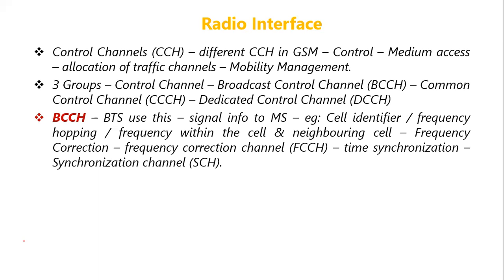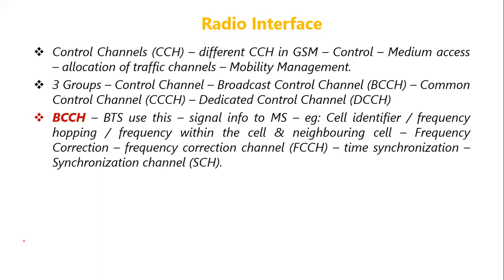Typically the information transmitted through this channel includes the cell identifier, that is, what is the identifier of the cell. Other options within this cell include frequency hopping, that is, with what frequency hopping pattern the mobile station and the base station should communicate.